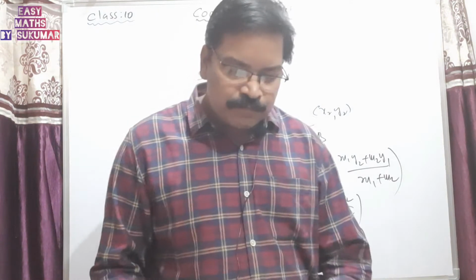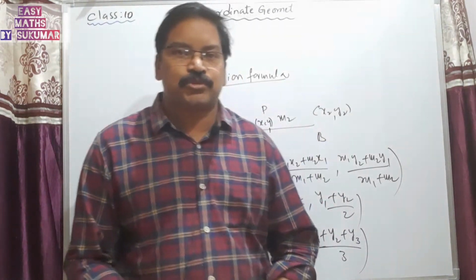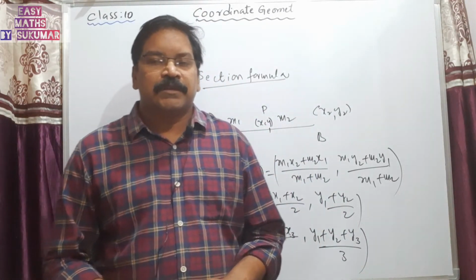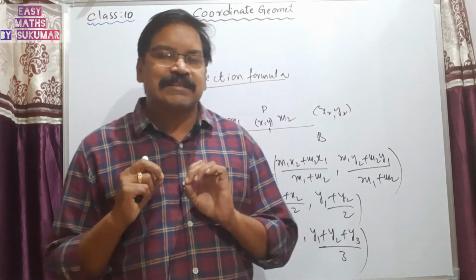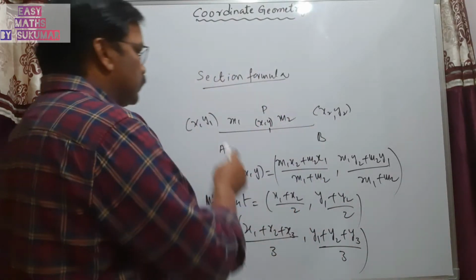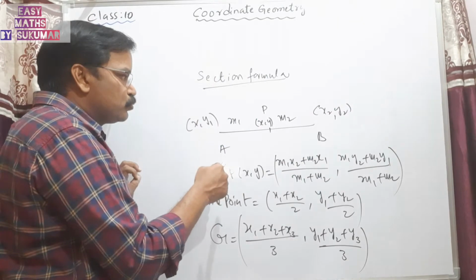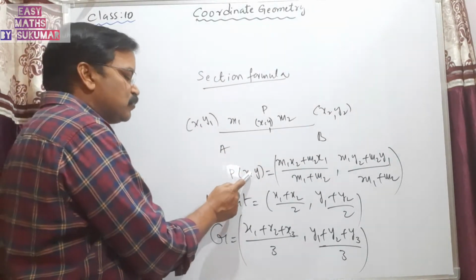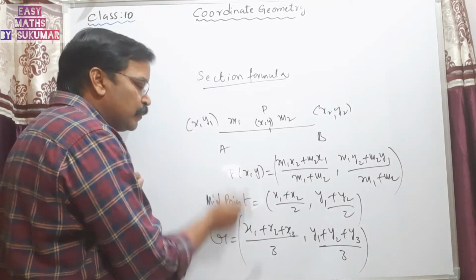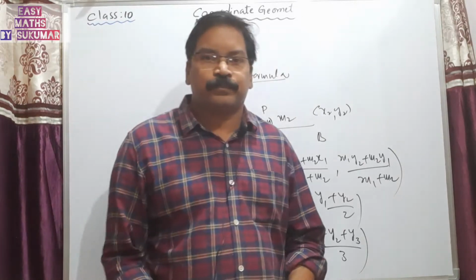Now we will solve exercise 7.2. The whole exercise 7.2 is based on the section formula, midpoint and the centroid of the triangle.